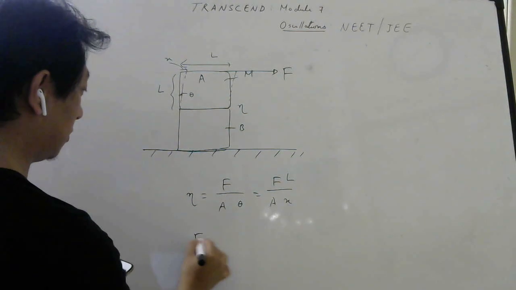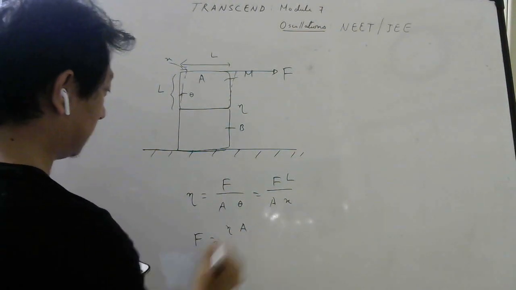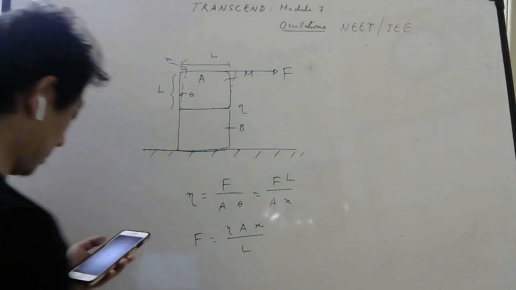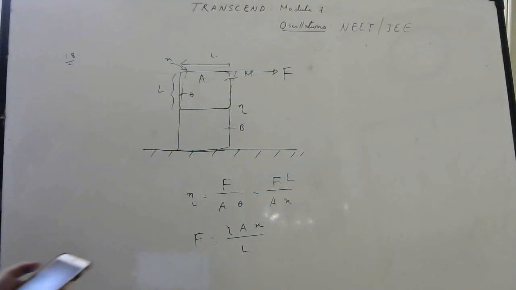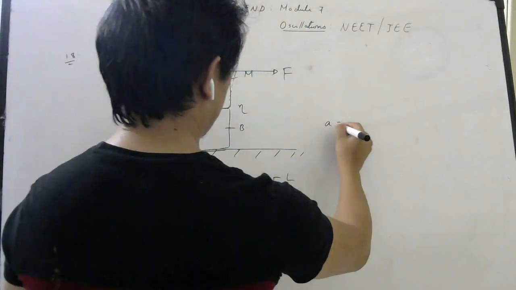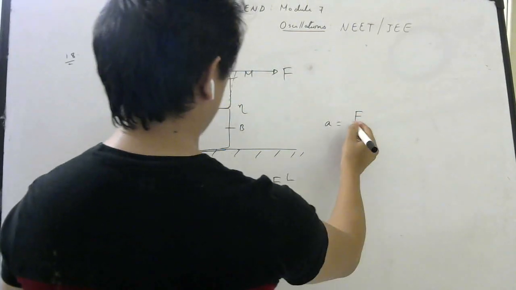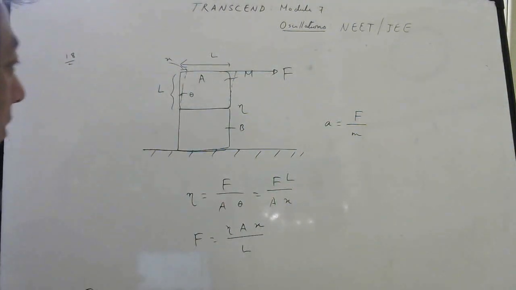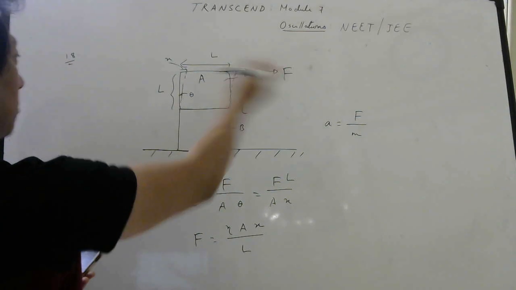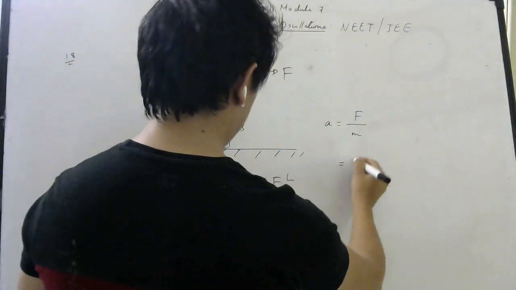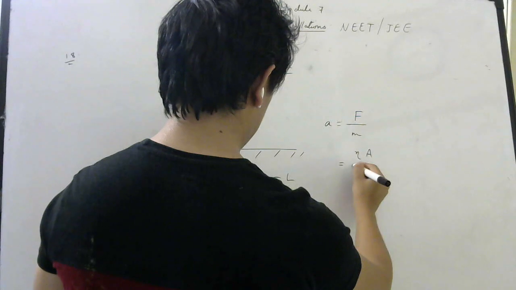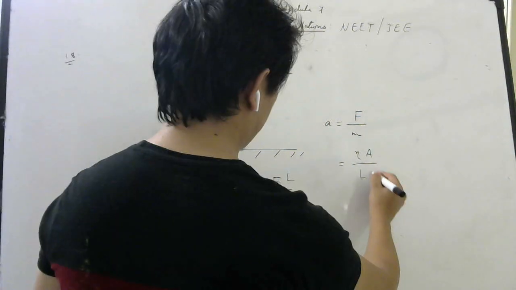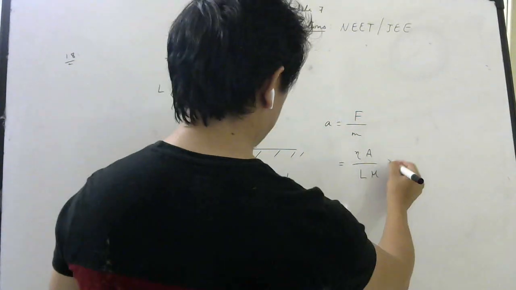So what will be your force? Eta A x by L. Now what will be the acceleration? When you remove this force, the same restoring force was acting on the body, so the body will come back, and the acceleration will be eta A by L divided by the mass of the body M, into x.